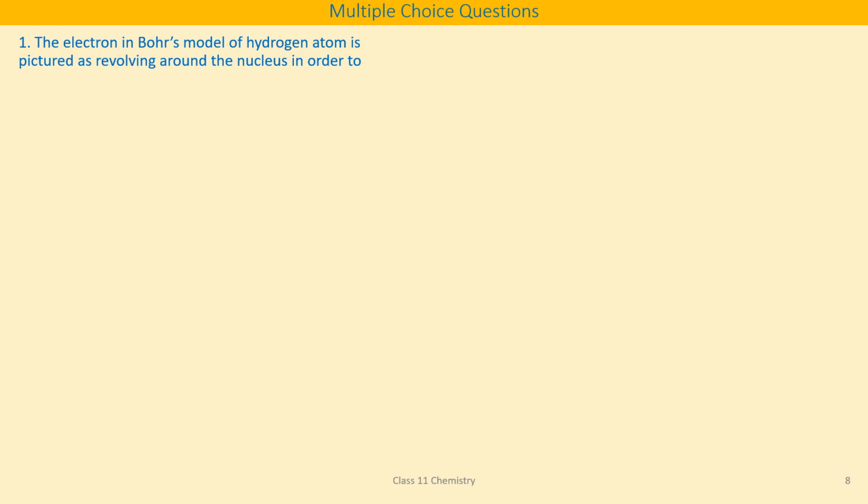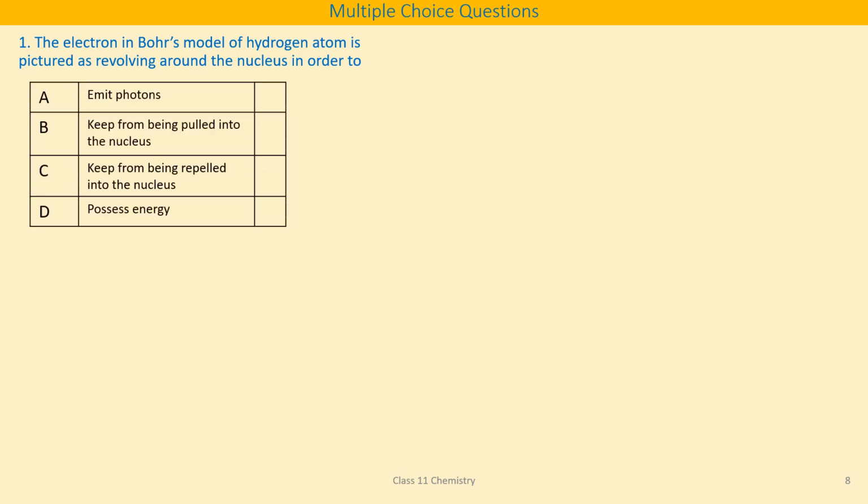The electron in Bohr's model of hydrogen atom is pictured as revolving around the nucleus in order to: option A, emit photons; B, keep from being pulled into the nucleus; option C, keep from being repelled by the nucleus; D, possess energy.